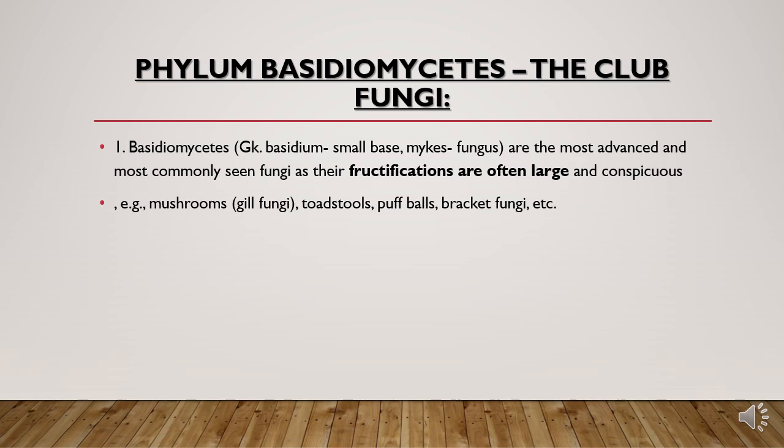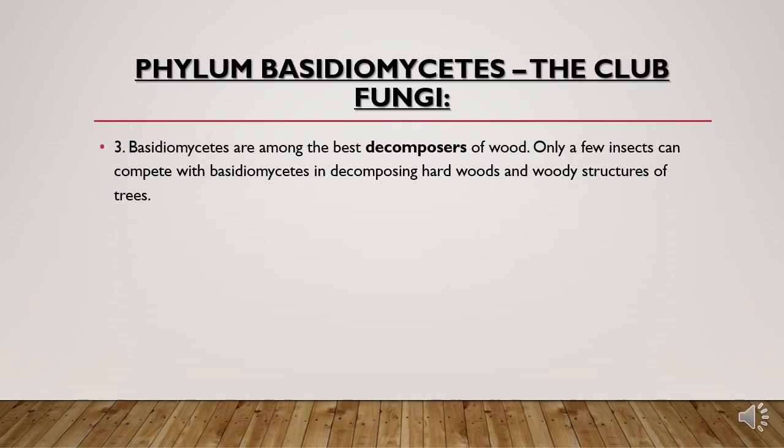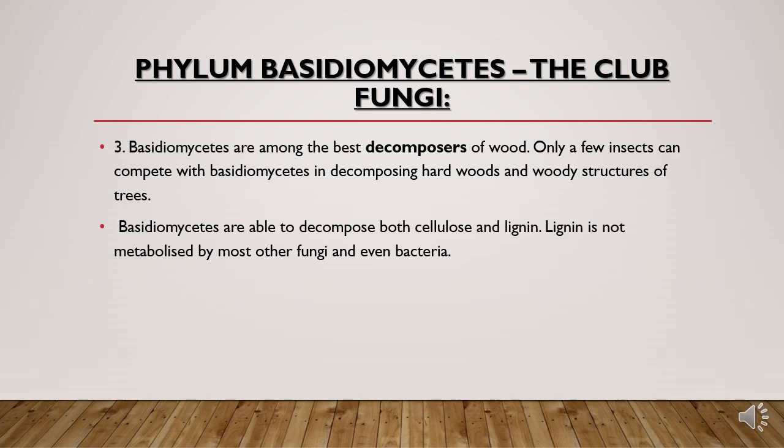There are a lot of examples we can pick from. But this particular phylum is best for decomposing wood, and only a few insects can compete with this phylum. This phylum is able to decompose cellulose and lignin because lignin is something which is metabolized by few organisms, and other fungi and bacteria cannot metabolize such a material.